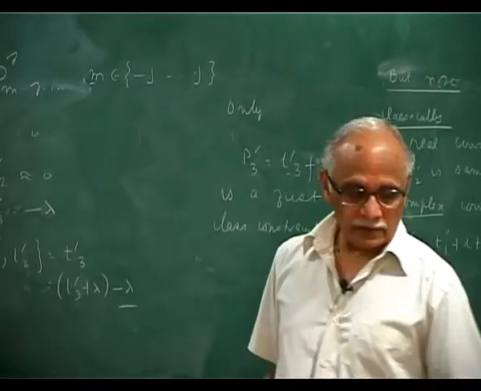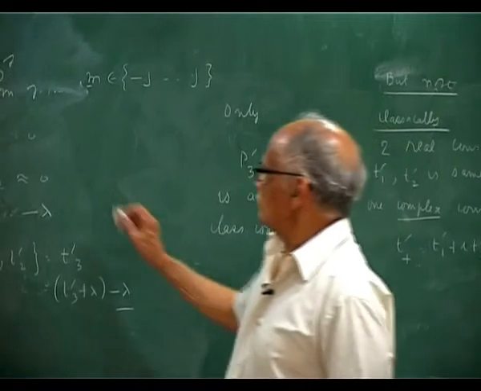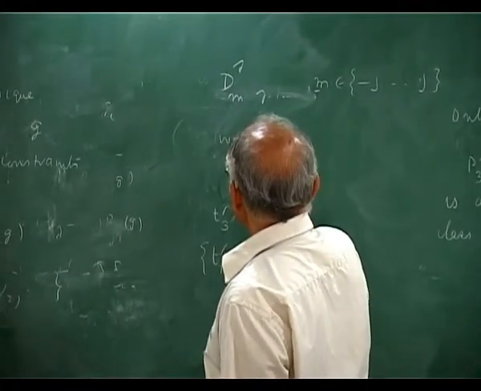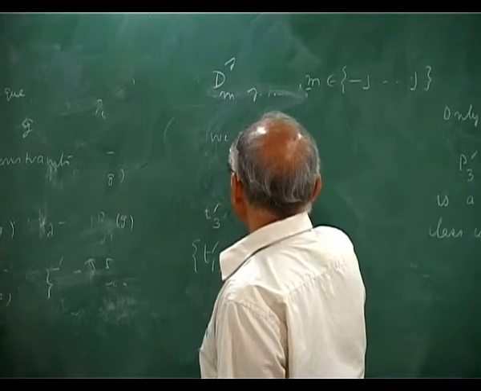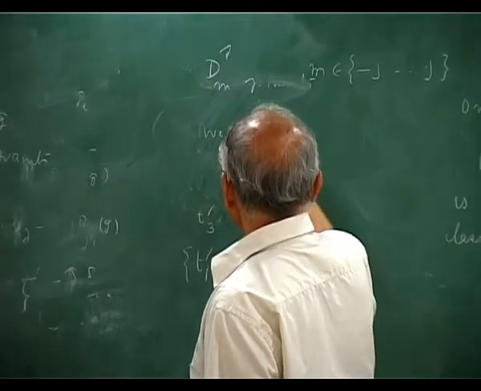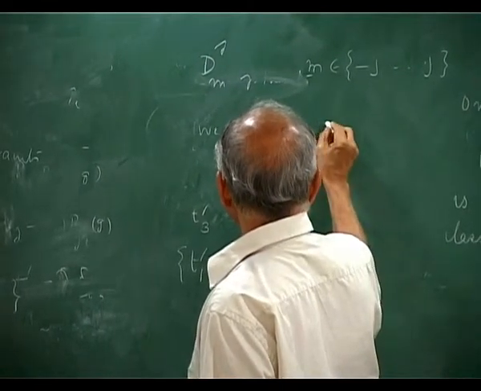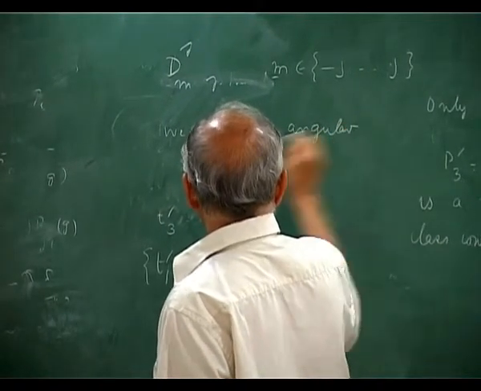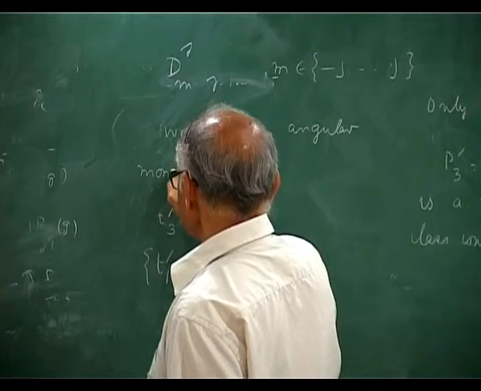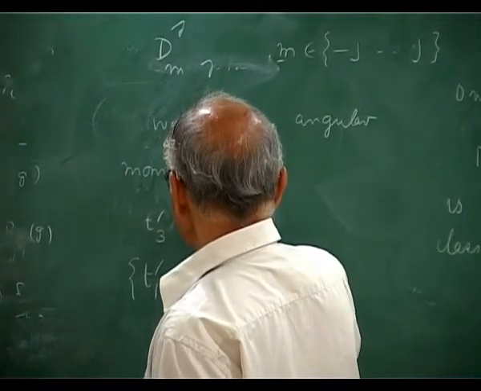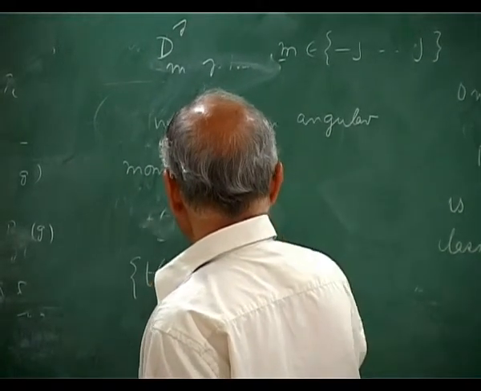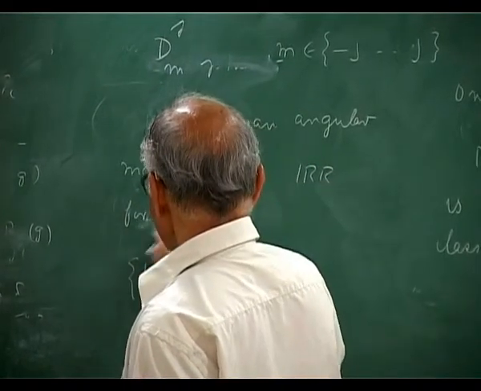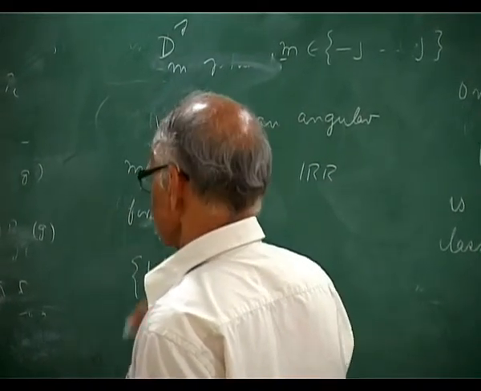So you get an angular momentum J irrep for this operator T hat I, right?